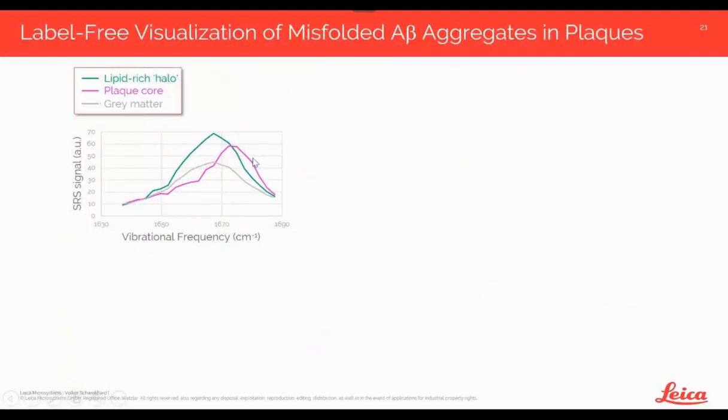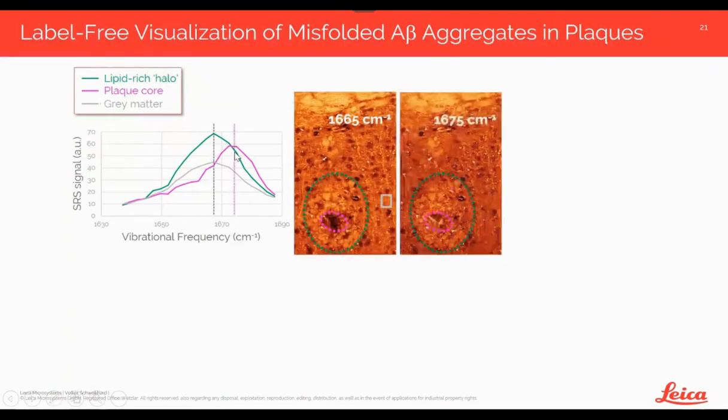Zooming in on this region, the spectra look like this. The healthy parts of the brain, the gray matter, and also the lipid-rich halo structure have a peak at about 1660 wave numbers, whereas the core of the pathological structures has a frequency-shifted peak at about 1675 wave numbers.